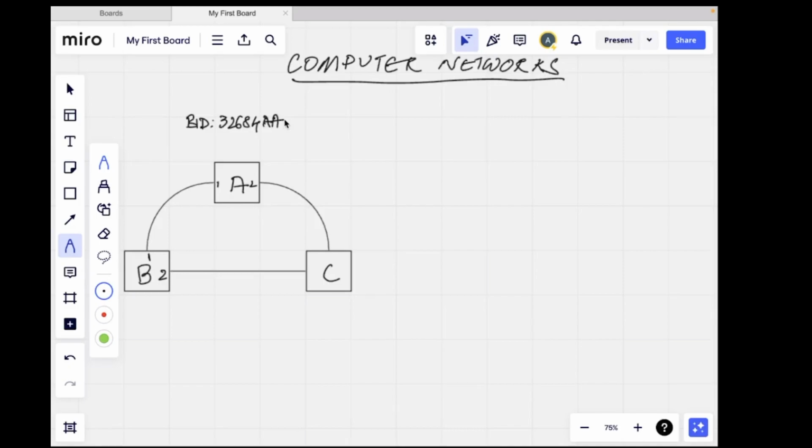Okay. Then over here, let me write it, the BID is 32684 and the rest is the MAC address. The BID over here is 32684CC. Okay, the MAC address is CC of switch C.